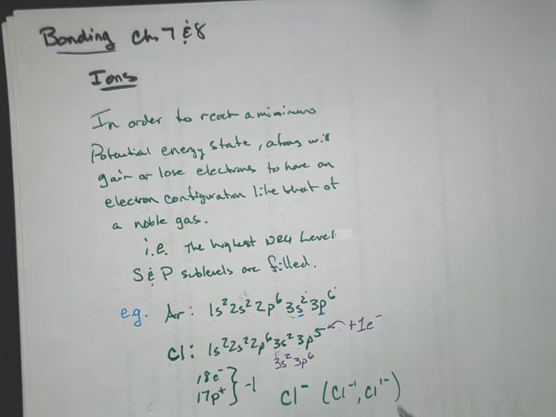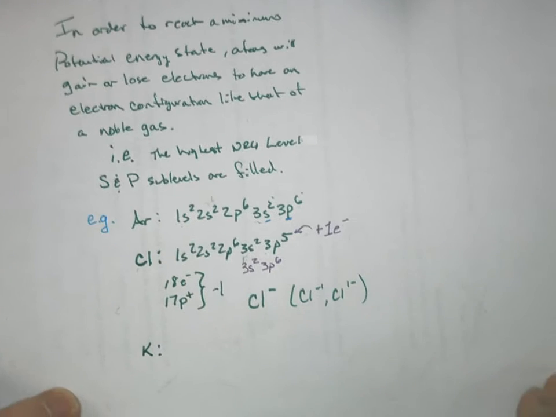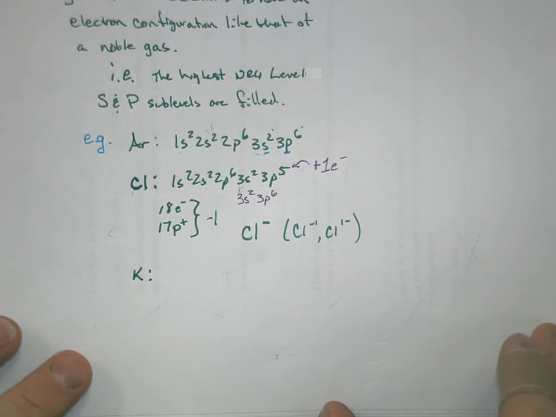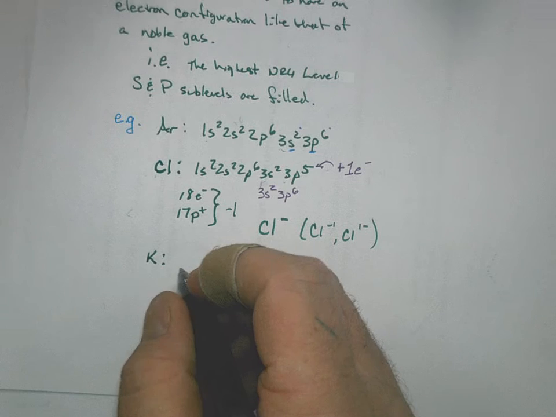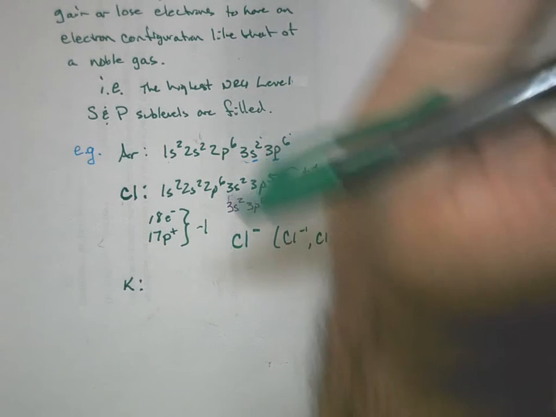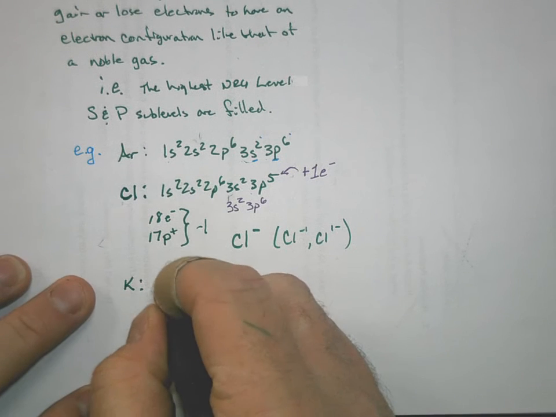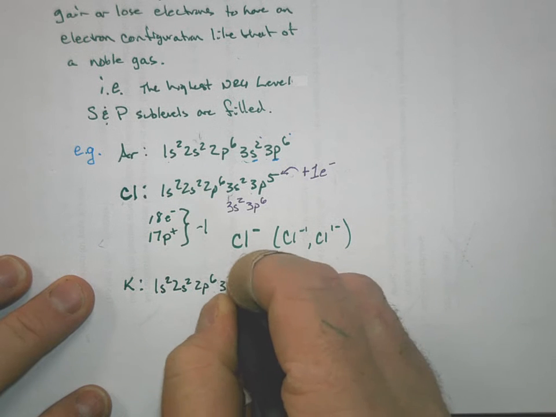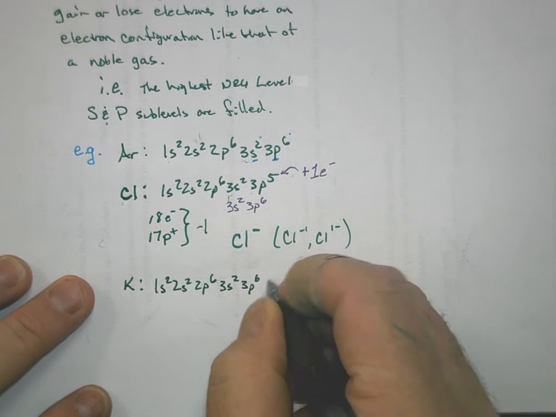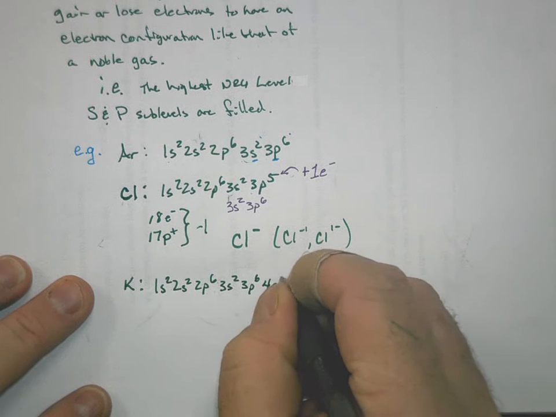This also happens with metals and things over on the other side. Okay, number 19 over there is potassium. Number 19 is potassium. Potassium has an electron configuration of 1s2, 2s2, 2p6, 3s2, 3p6, 4s1.